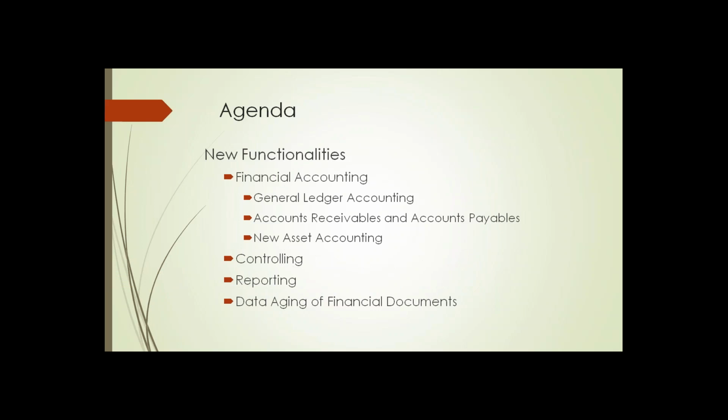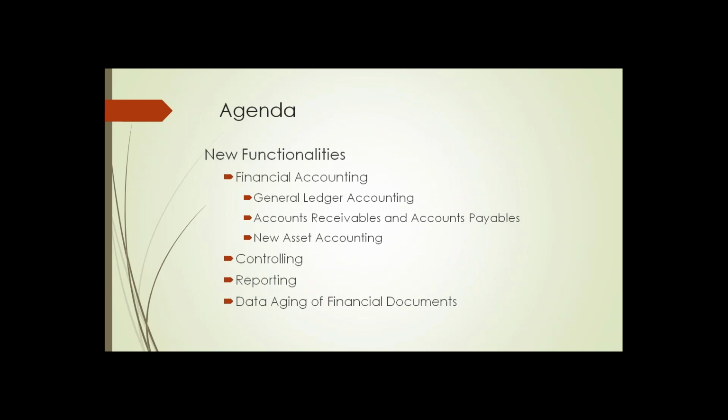We are going to understand what the new functionalities are. When I say new functionalities, it can mean new transactions, or if there are no new transactions, at least on the technical side the speed of all these processes will be improved. So when I say new functionalities within general ledger accounting, I don't mean that SAP has provided new transactions.